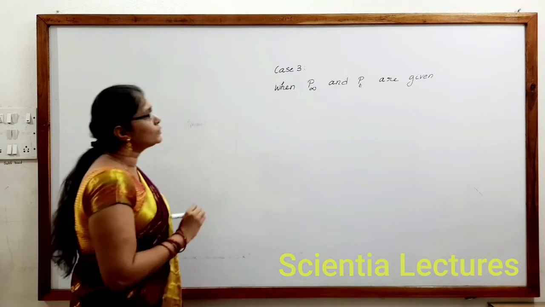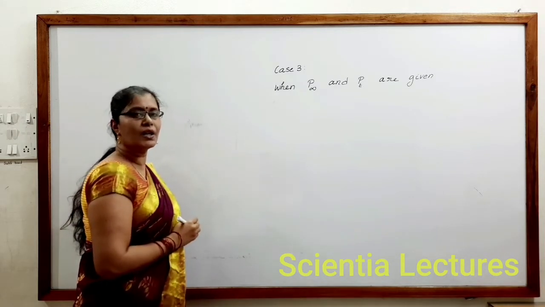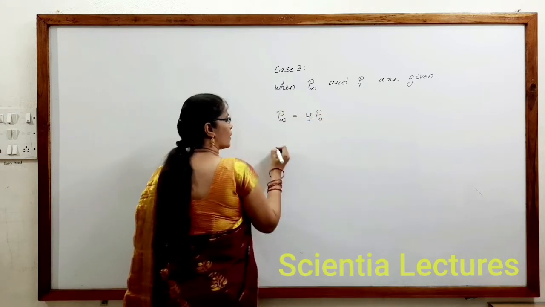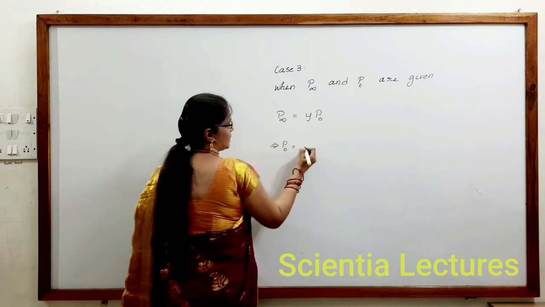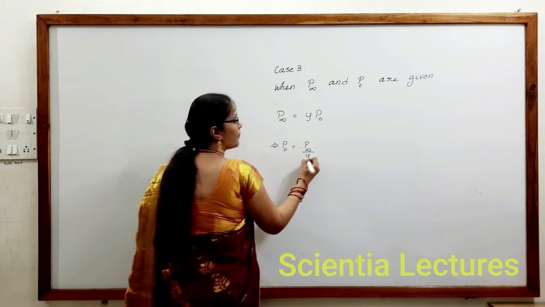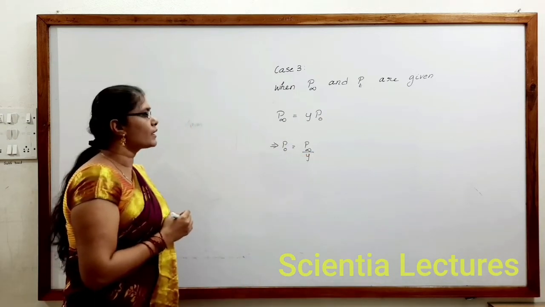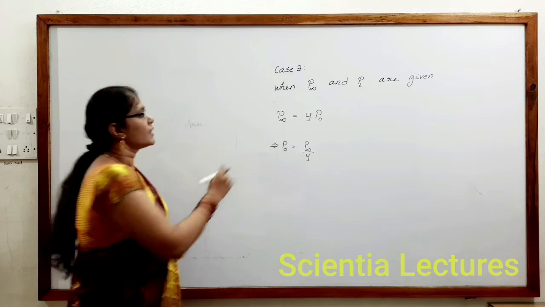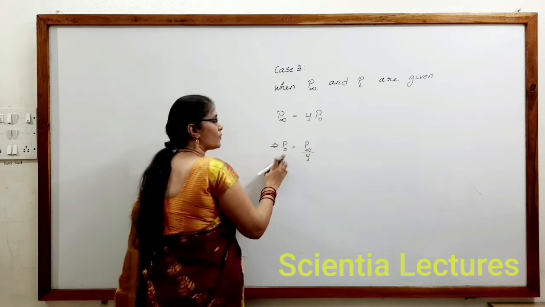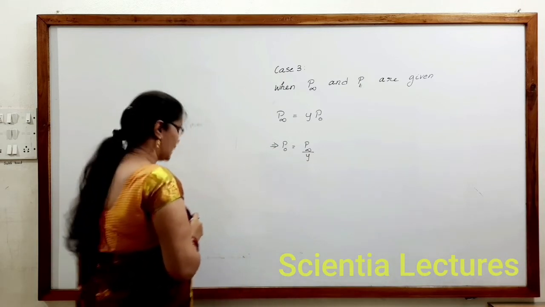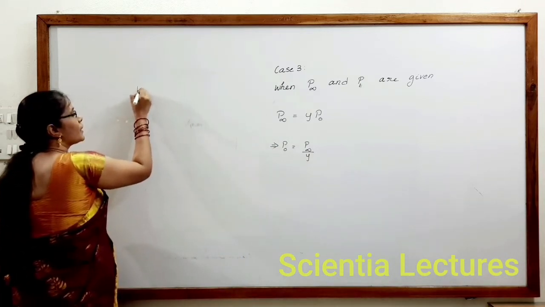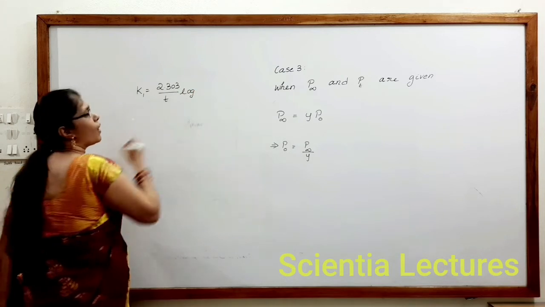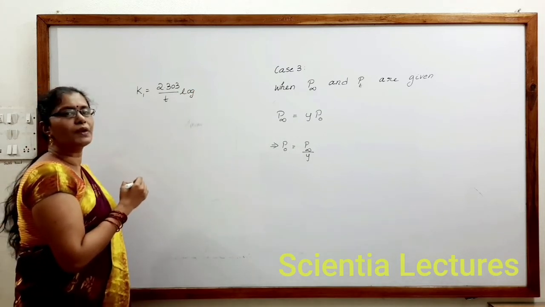We'll check that now. In the previous condition, you know that P infinite is equal to Y P naught, which implies P naught must be equal to P infinite by Y. In the previous condition, what we got is K1 equal to 2.303 by T log of, do you remember the equation we got there?